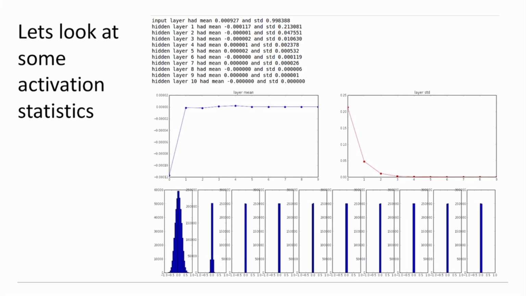So we had that 10-layer neural network with 1,000 neurons each, and the initial input was nicely distributed, and this is the output of, say, the first layer. We had a nice looking Gaussian as input because we created our data like that, from +3 to -3 around 0.